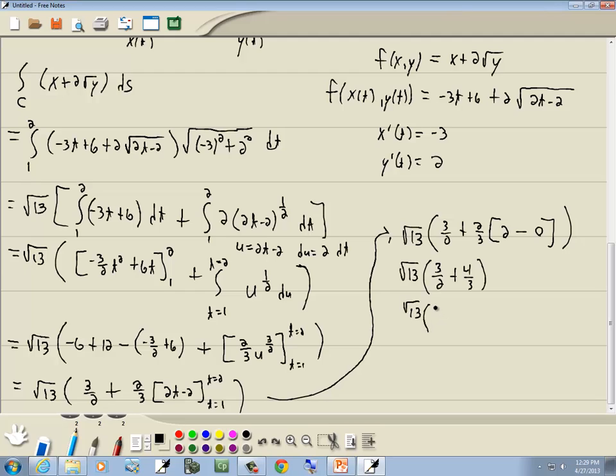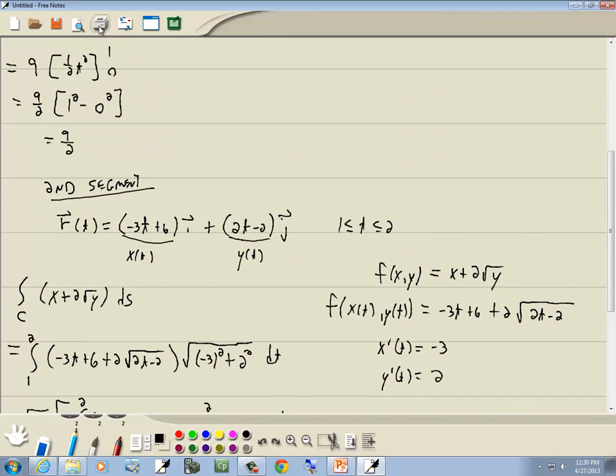Get a common denominator: multiply the top of this by 3, so we got 9/6, plus multiply by 2, we get 8/6, which gives us 17 square root of 13 over 6. So let me write that down. That's our second segment.